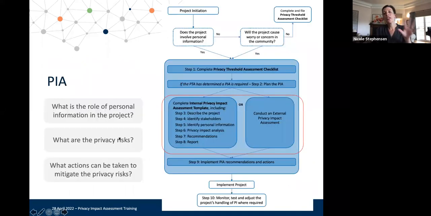So as I said early on, when we first looked at this flow chart through this case study, we are arriving at a decision to complete an internal privacy impact assessment. We're doing this because we've determined that there's a significant amount of personal information, but on balance, we probably don't think that the project will cause worry or concern in the community.